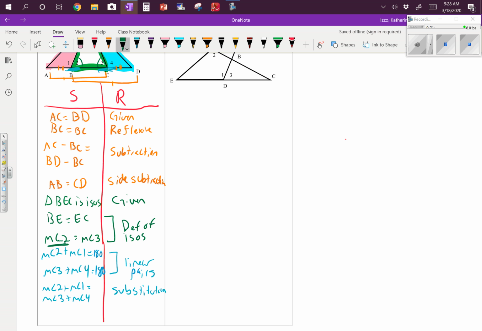Now, we've got 2 and 3 are the same, so they can either both be 2s or both be 3s. Both be 2s? Okay. I've run out of space. Well, she's staring at me like she knew it was going to happen. Probably best that they don't have the packet at this point.